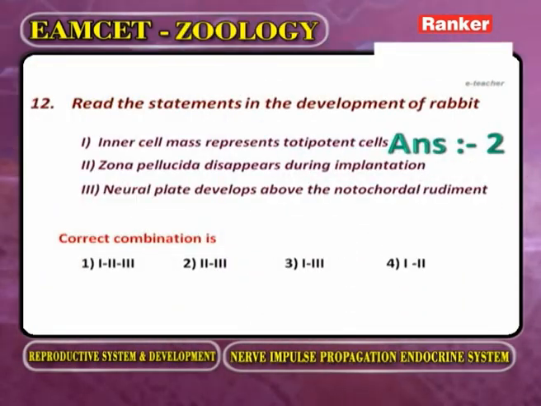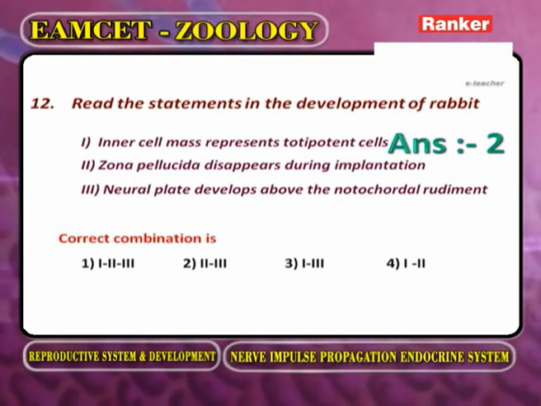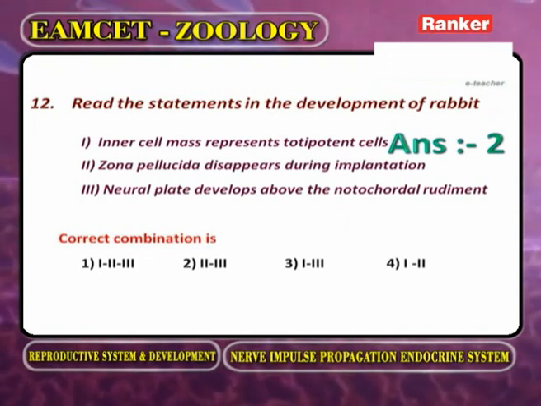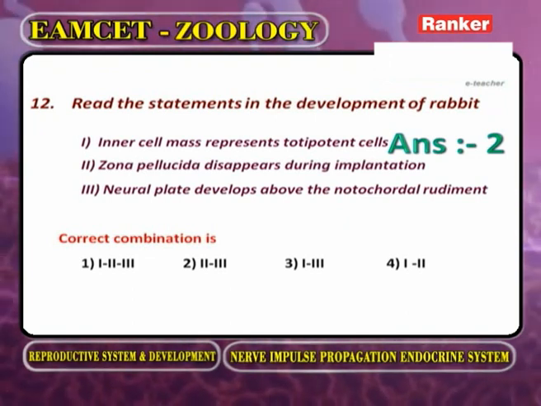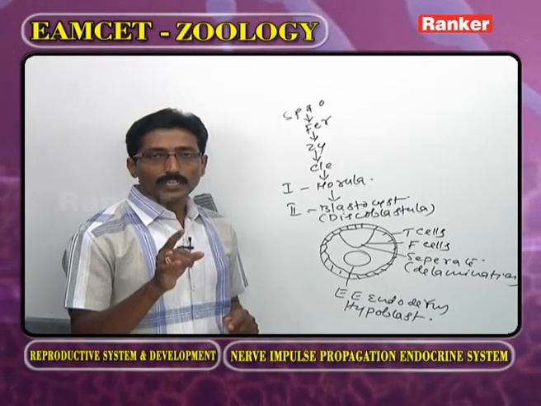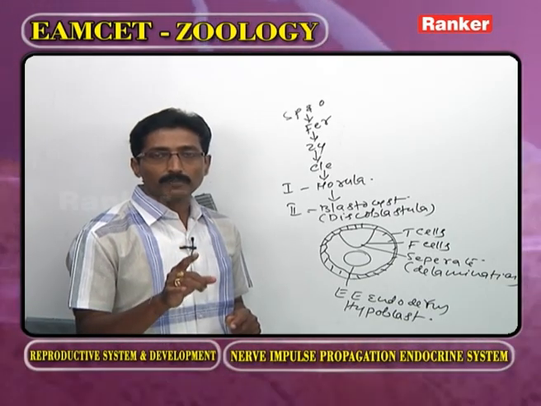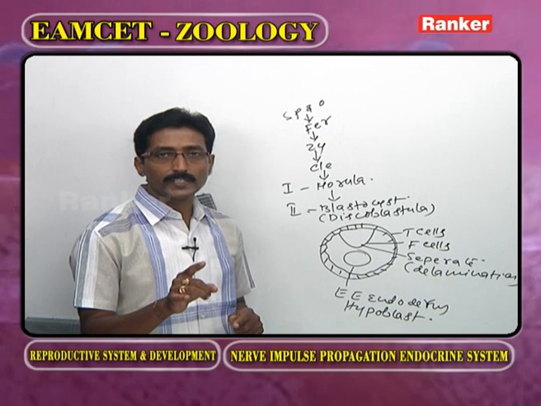Read the statements in the development of rabbit. Now here, what is the first statement? Inner cell mass. Now this is inner cell mass. Inner cell mass represents totipotent cells. That is wrong, because in animals, what type of cell has totipotency? Only the zygotic cell.